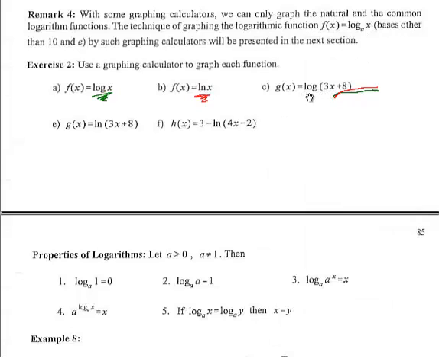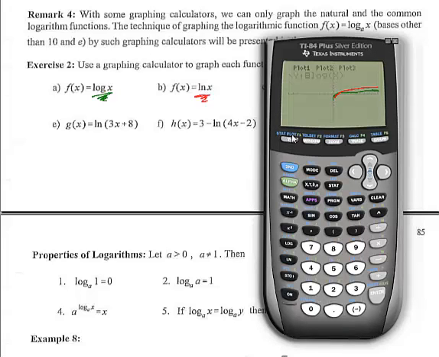And what do we have here? Next we want to plot log of 3x plus 8. And so the argument contains not only a variable but some numbers. Enter, graph.